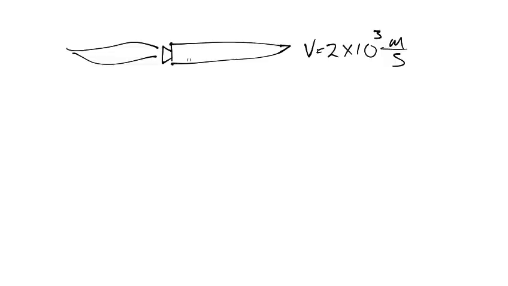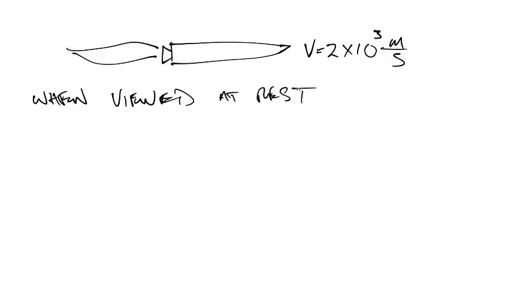Okay, so the spaceship traveling, what could be an ICBM, doesn't matter what it is, something like that. Now, what we want to find out is when this spaceship is viewed or measured at rest, its length is equal to 100 meters.